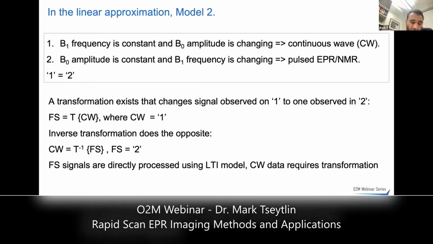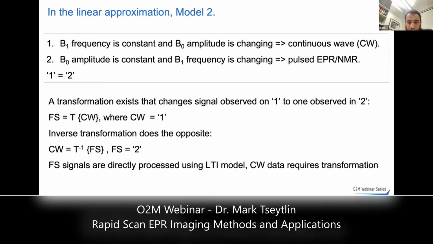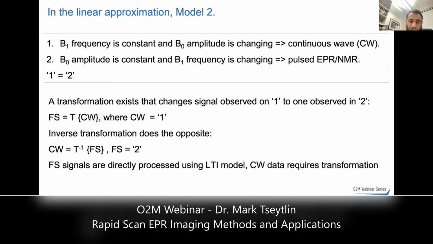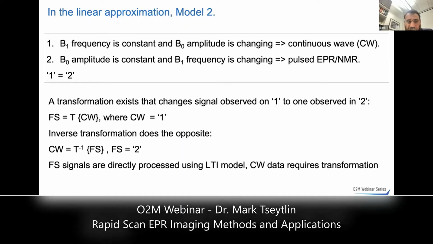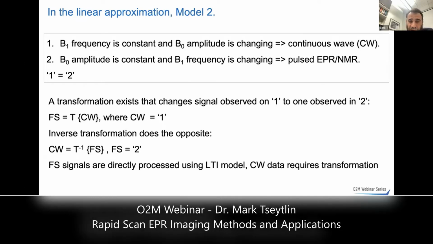We need to figure out what this transformation is. If we do so, we can apply the linear system theory, get the convolution, and get our spectra in the CW rapid scan experiment. Essentially it takes two steps: first we transform experiment number 1 into experiment number 2, and then we do the deconvolution, and that's it. It's very straightforward.